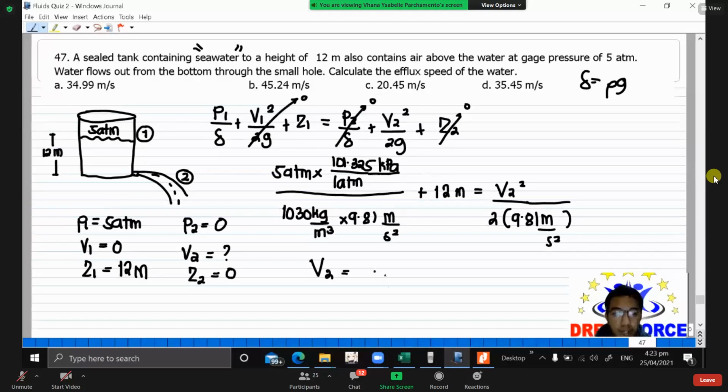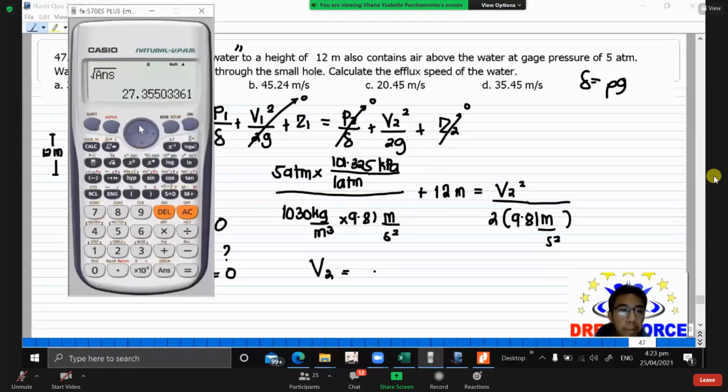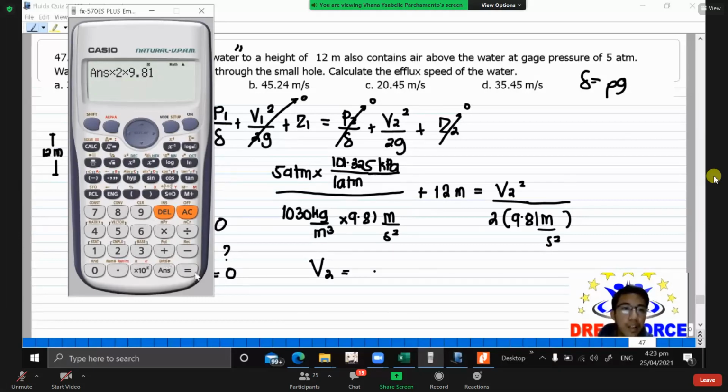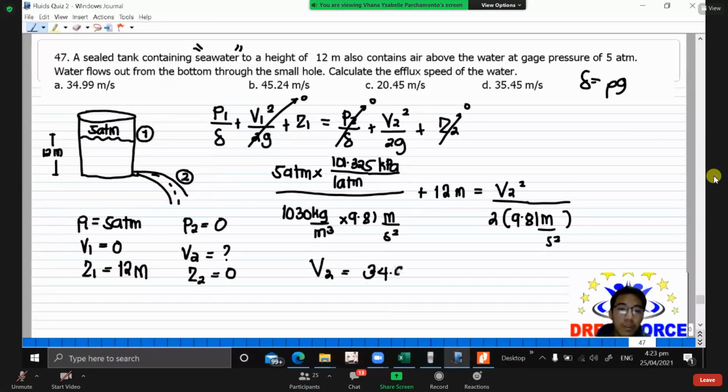In the choices, there is no 27.36. Let's see, we made a mistake in the input. This should be plus 12, not minus 12. So we have plus 12, times 2 times 9.81. Okay, square root. So we have 34.92 meters per second. That is letter A. We have 34.9 meters per second.